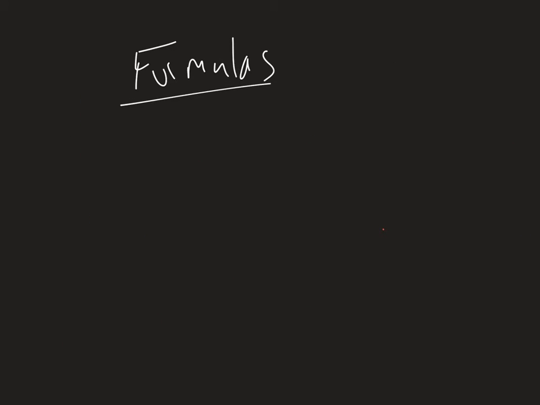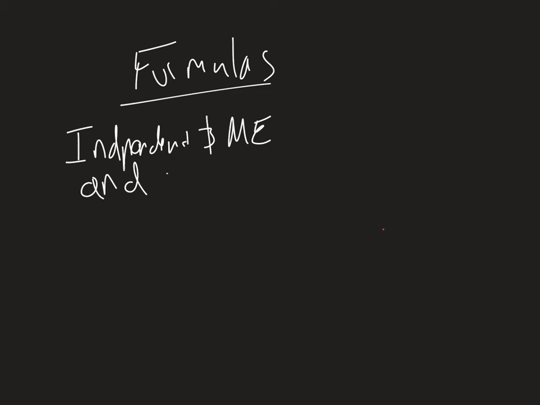So let's look at how independence, mutual exclusivity, and an OR would affect formulas for calculating probability. So if we're looking at 2 compound events that are independent and mutually exclusive, if we're looking at the AND case, well, then I would multiply.